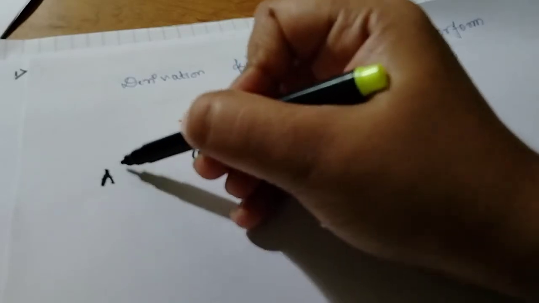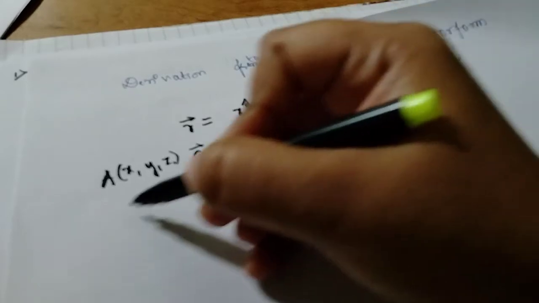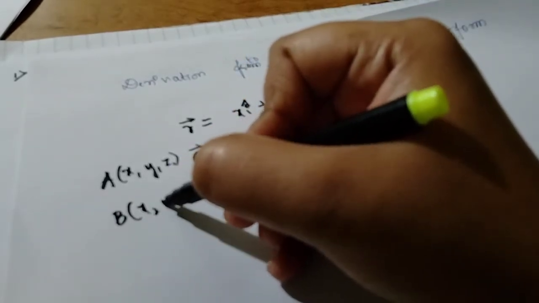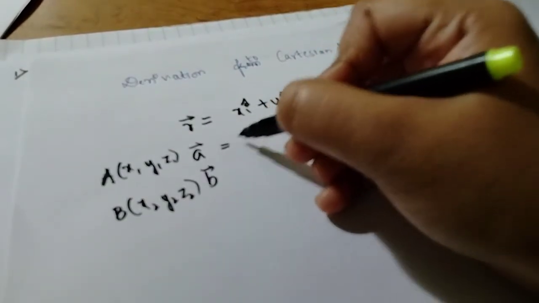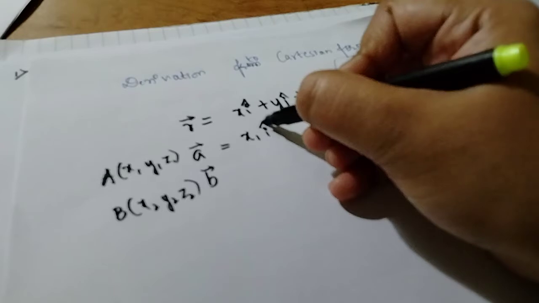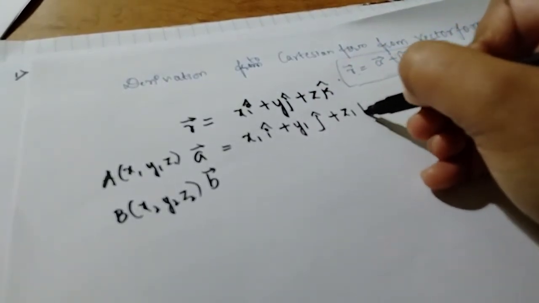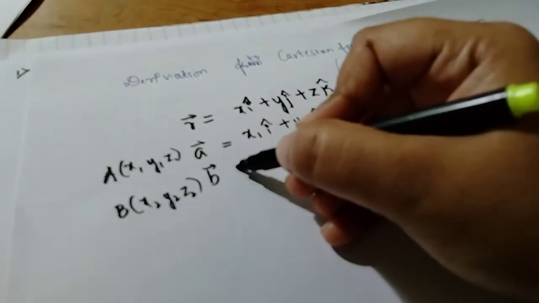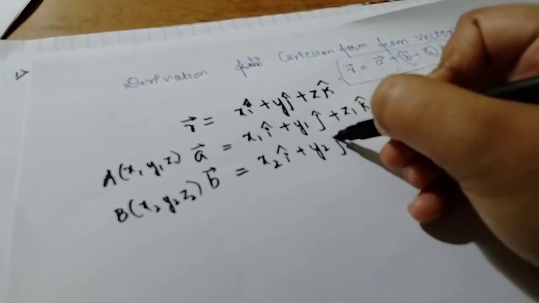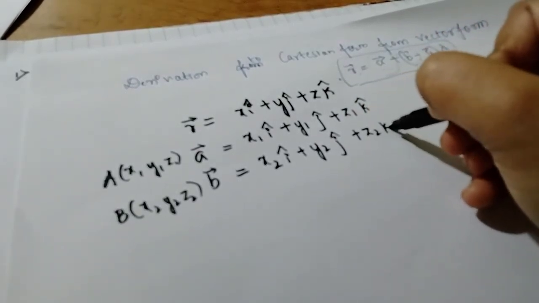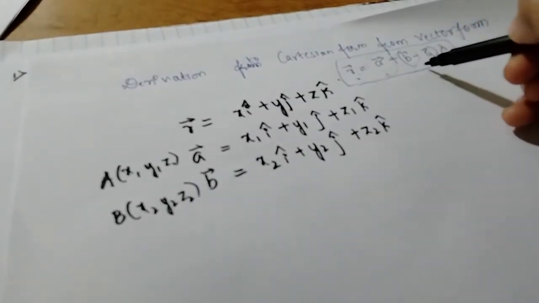A is with respect to the point x1, y1, z1 and B vector is with respect to the point x2, y2, z2. So A vector is x1i plus y1j plus z1k. B vector is equal to x2i plus y2j plus z2k. So all three I know now.